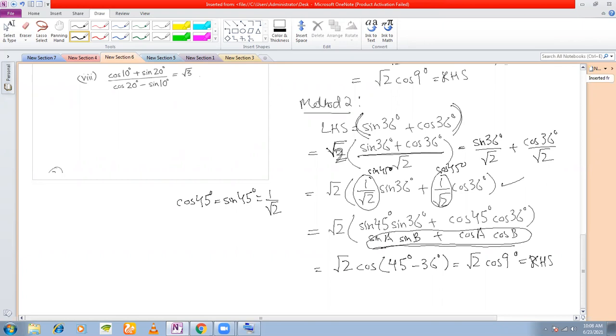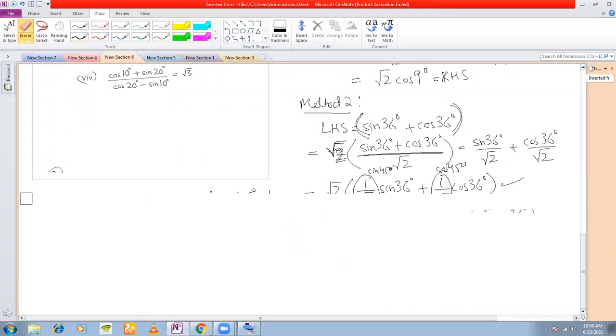So this becomes cos A cos B plus sin A sin B. So where A is how much? A is 45 and B is 36, right? Yes. So that's what we have done. This technique is important. Okay. We'll be using this technique later on. Remember this.